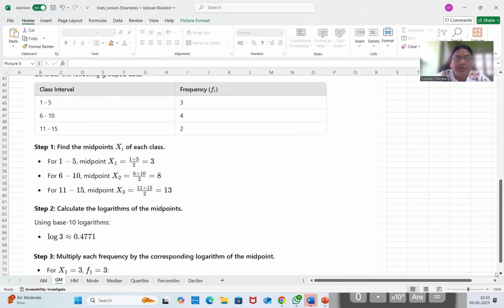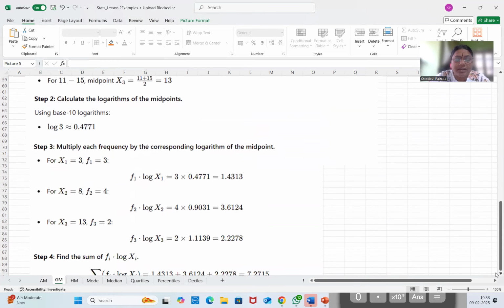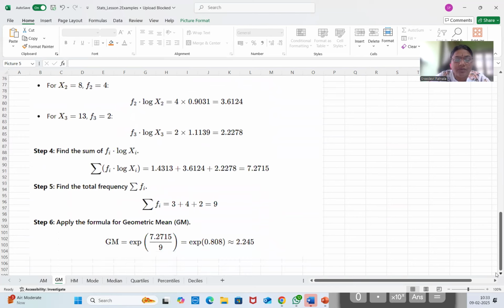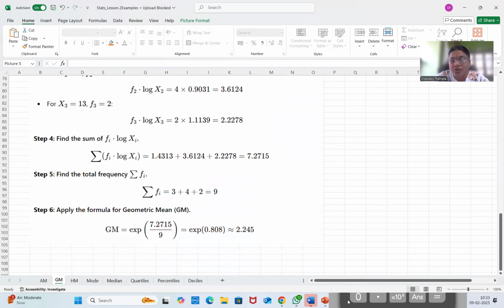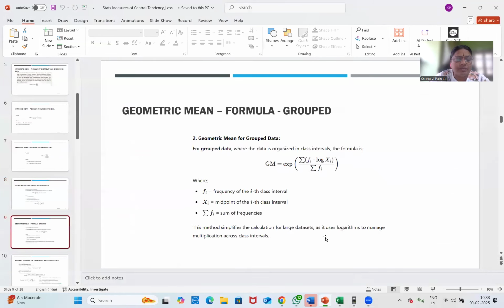Now, what is our formula for grouped data? Exponential of, which we have just gone through, right? Exponential of 1 by n summation of fi into log xi. Sorry, I showed the wrong one, that is the ungrouped data formula. For grouped data, when a class interval is given, it is exponential of summation of fi into log xi by summation of fi.